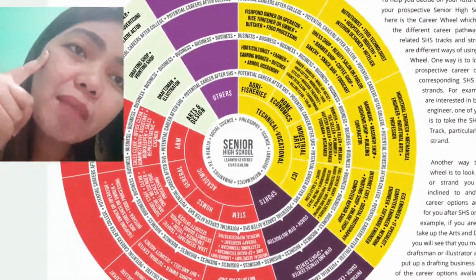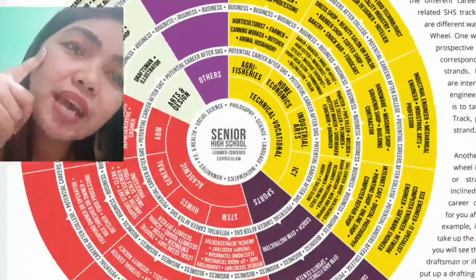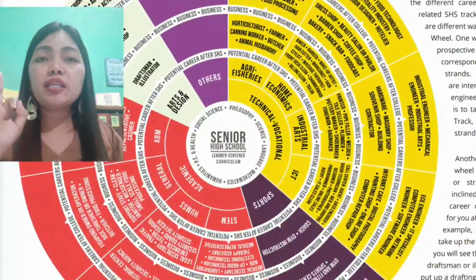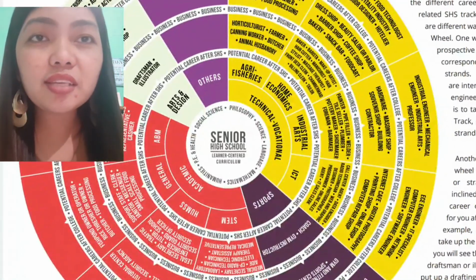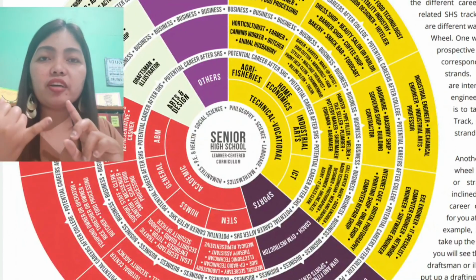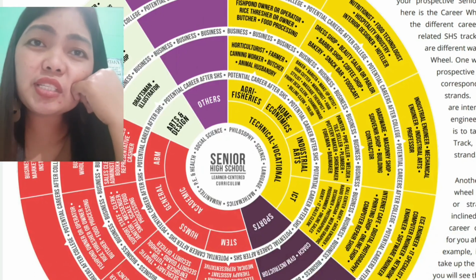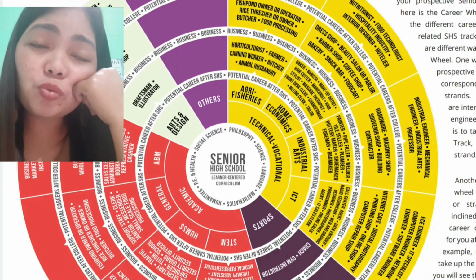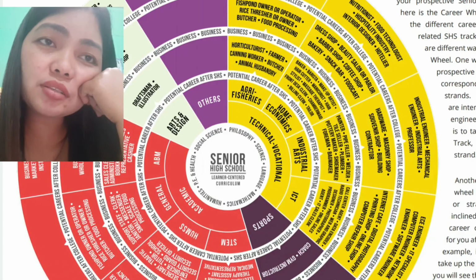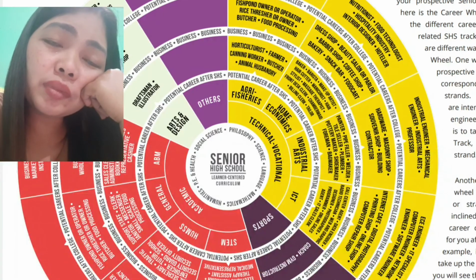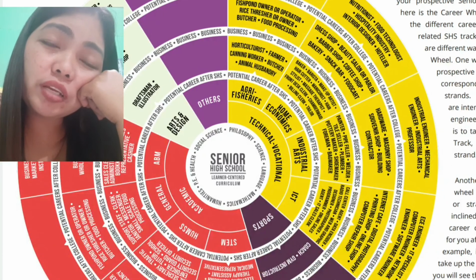Okay? What can they do if it is business, don't we have three exits? Okay? So, these are the potential careers after senior high school. For example, you decide not to pursue college anymore.